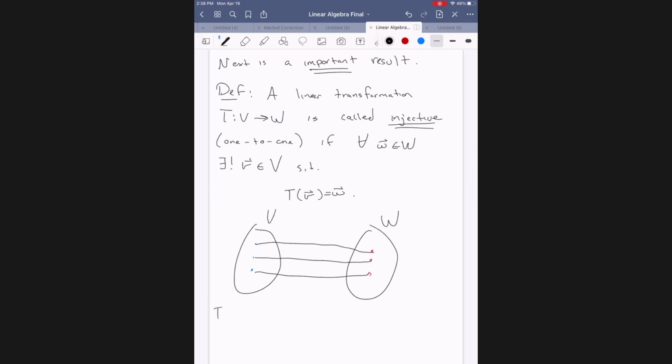So Theorem 6.4: for a linear transformation T from V to W, the kernel of T only has the 0 vector if and only if T is injective.